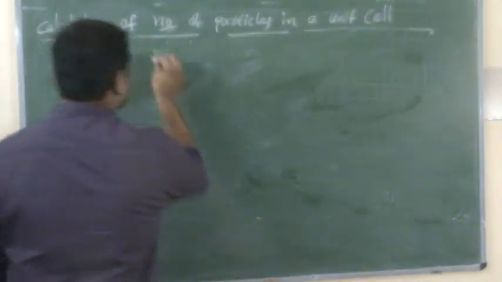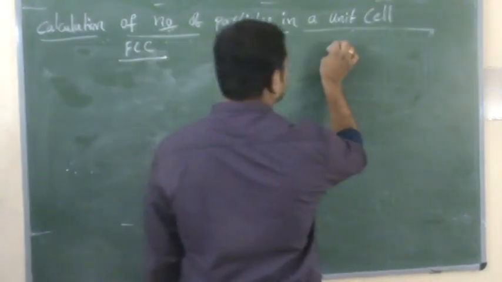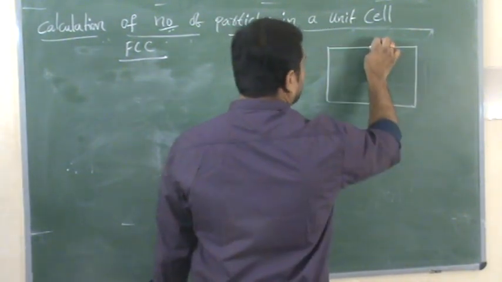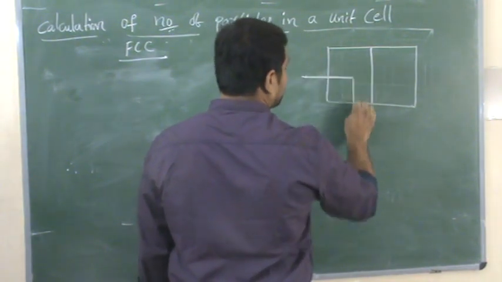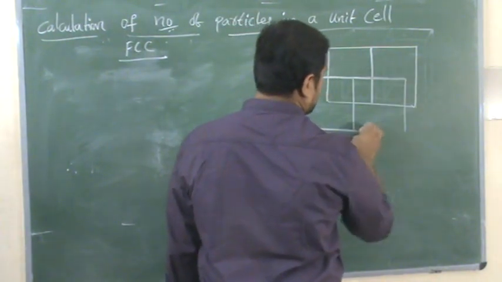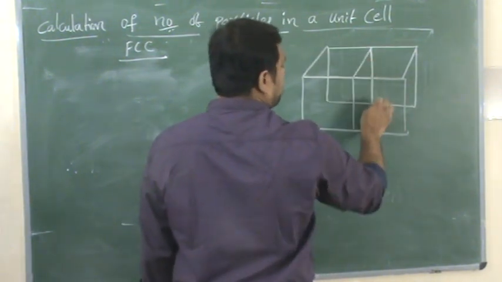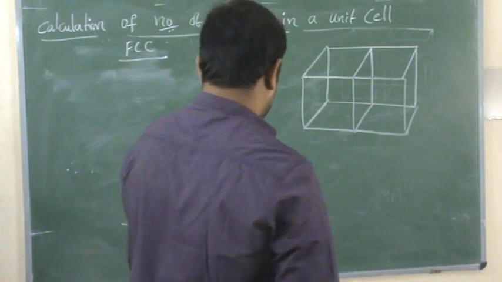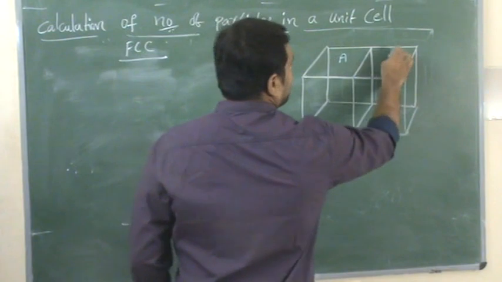For this I will consider a crystal lattice with 2 unit cells. You clearly observe here 2 unit cells are there, A, B.